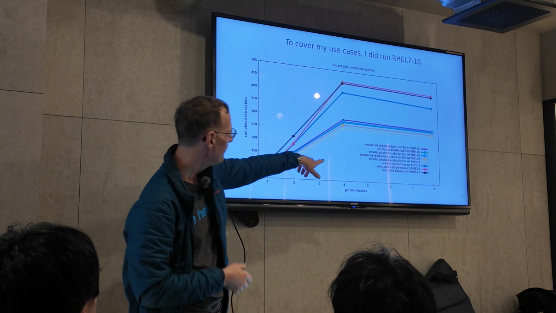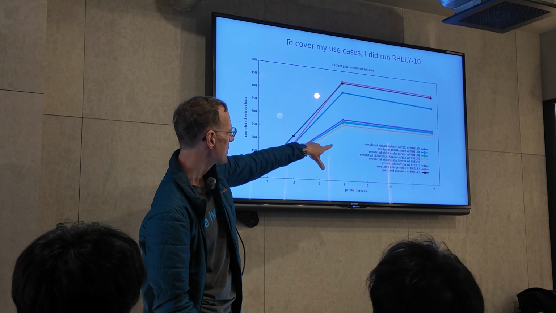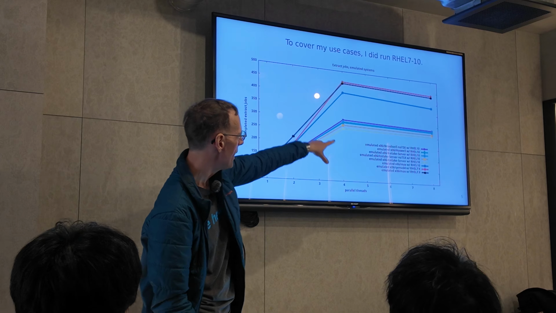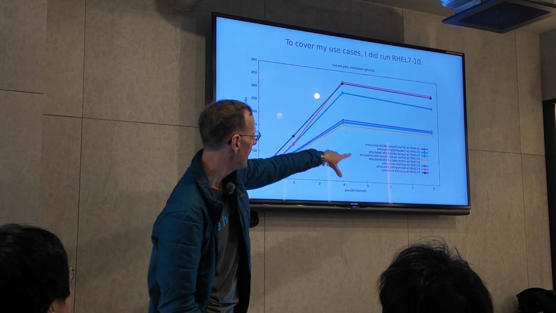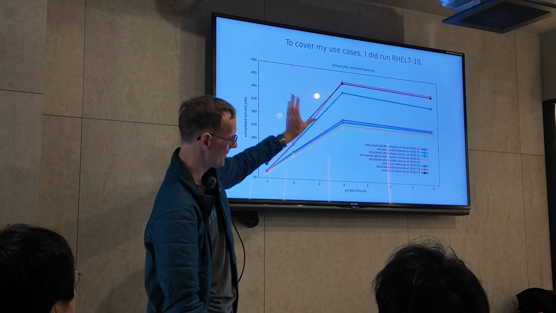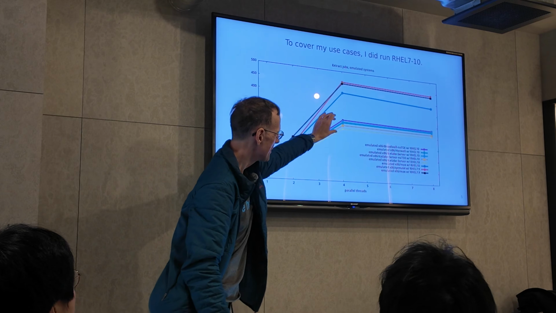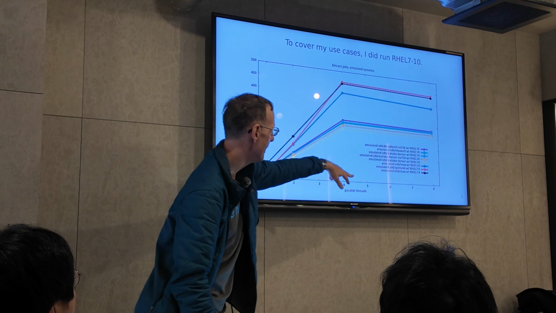In detail, what are all of these here? Most of these are running RHEL 10, and then RHEL 10 with different kinds of emulated CPU. This is all of this here, the RHEL 10 variants.